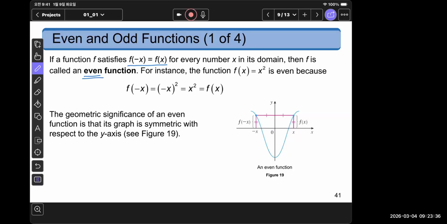For example, the x squared function is an even function because when you plug in negative x and x, you get the same value, the same image. So negative x and x have the same image. If your function is an even function, as you can see in figure 19, the graph will be symmetric about the y-axis. So that is one property of an even function.